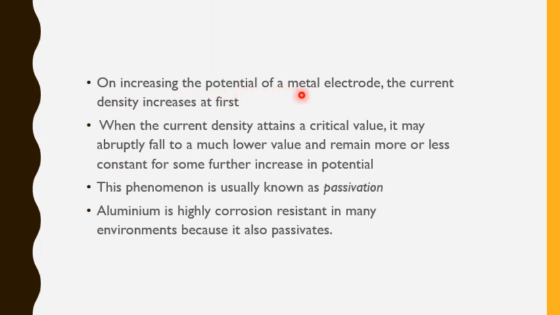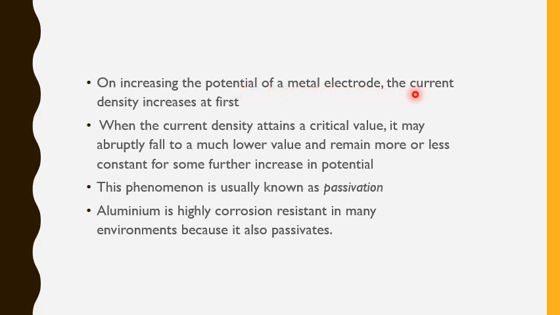On increasing the potential of a metal electrode, we have previously studied that an electric current flows while corrosion takes place. One part of the metal acts as cathode, another part acts as anode, or when two metals are in contact with each other, one metal will act as cathode, the other metal will act as anode. And each anode and cathode has a potential which is called its electrode potential.